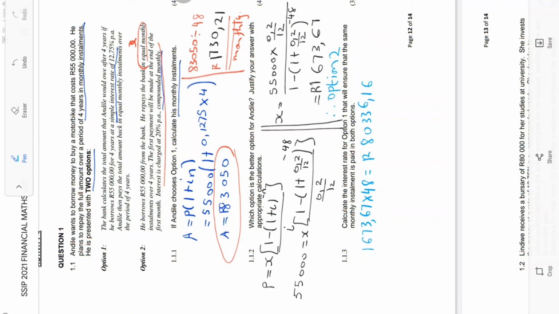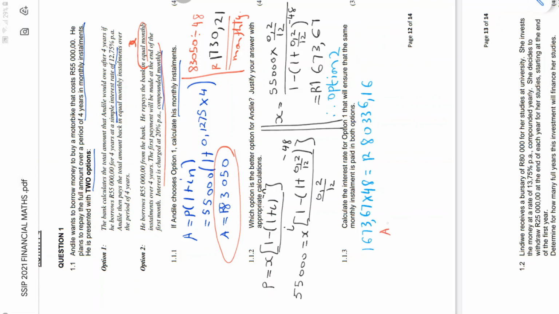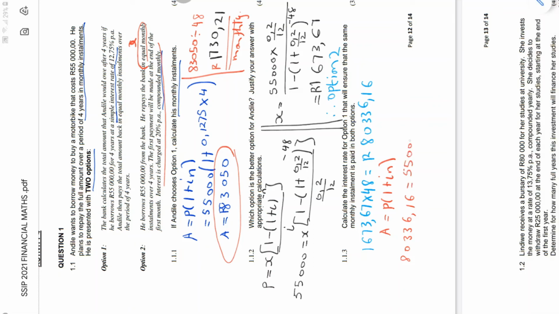So using option 1 formula, the simple interest formula, A equals P brackets 1 plus i n, with the amount of 80,336.16 would equal, P is still the same loan, 55,000.